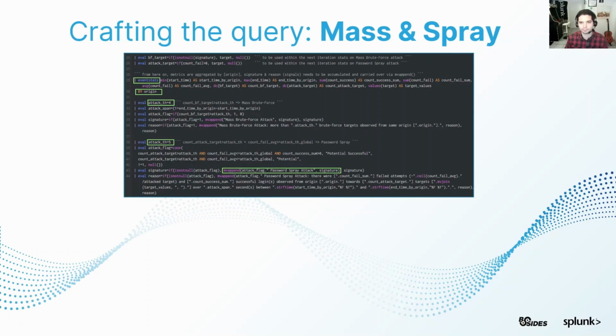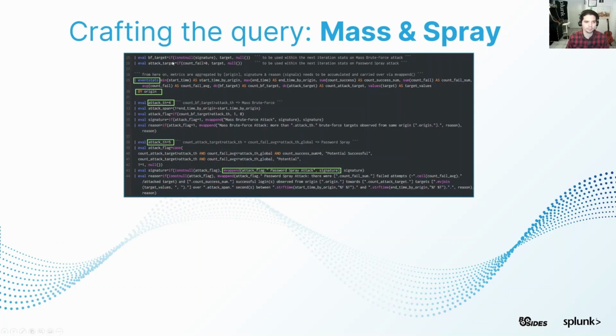Now we go for the mass and spray attack detection. As you can see here, we are already at line 25, and here is where I start basically crafting. This is a little bit bigger because we are, of course, detecting two detection types. Just leveraging this part of the code where we have the aggregation by origin, right? You can see here I'm leveraging another event stats, which by the way has no data destructive nature as the stats command.